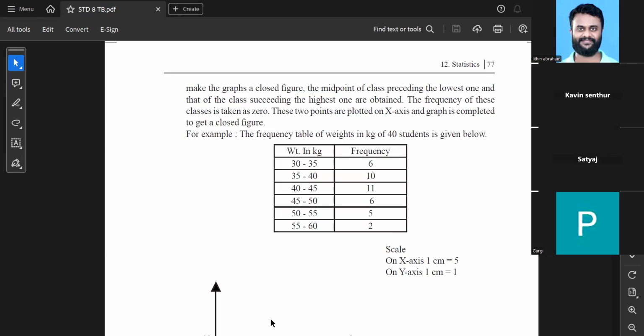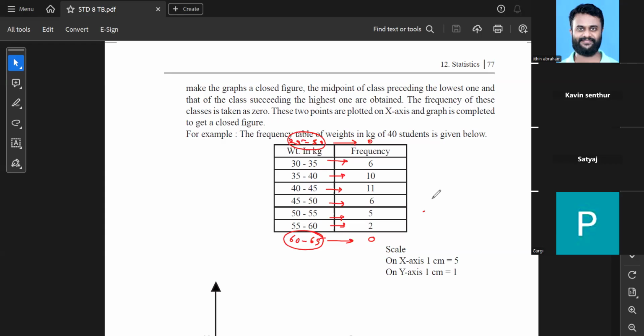So we add one more class before this, 25 to 30, with 0 as the frequency, and one more class after this, 60 to 65, for which the frequency is again 0. We plot these as well with 0 points. For all the other classes, we already have the values to be plotted.